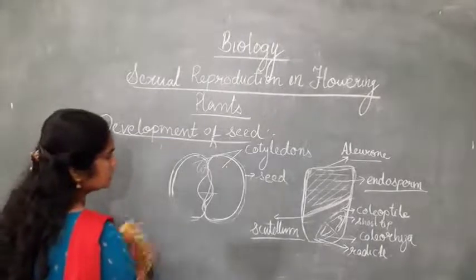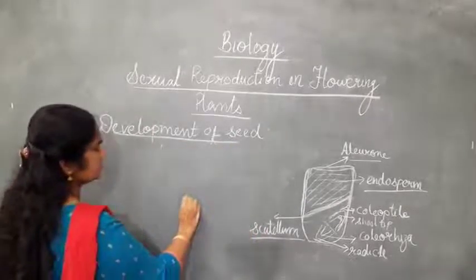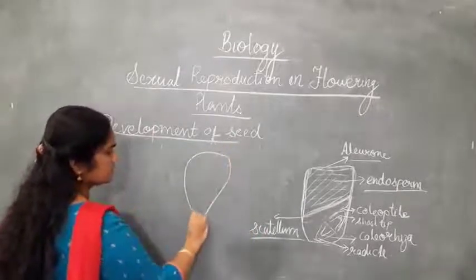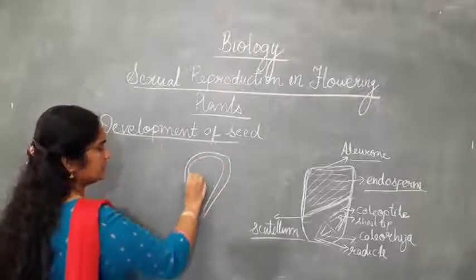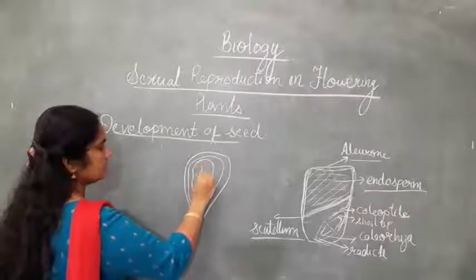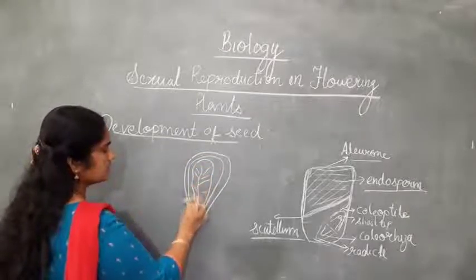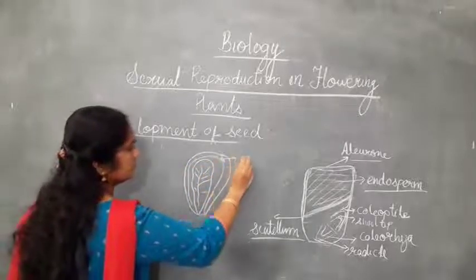So let's see the seed varieties. In the castor seed, a dicot, there is a little bit of endosperm present, and this is a cotyledon, and you can see the growing embryo in the middle. This is the castor seed. This outer part over here will be the endosperm.